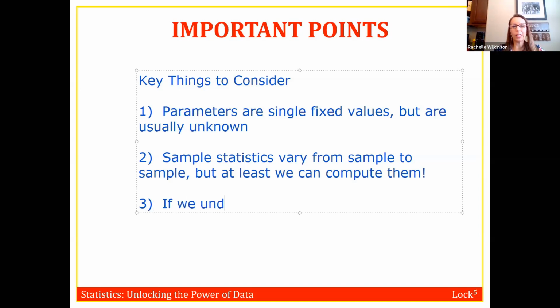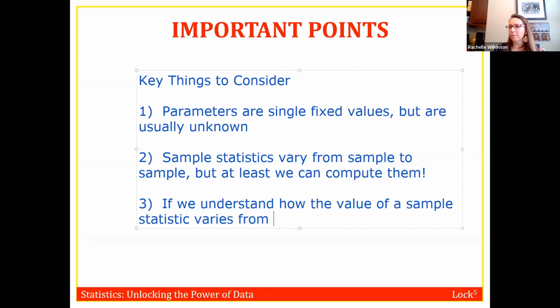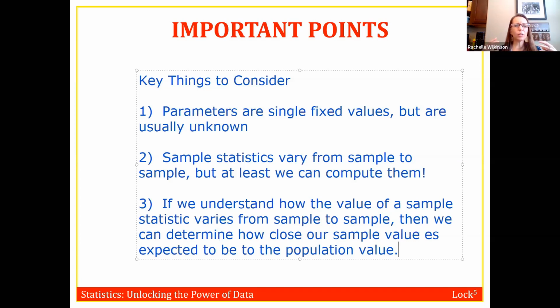So if we understand how the value of a sample statistic varies from sample to sample, then we can determine how close our sample value is expected to be to the population value. Next we're going to talk about how we can understand how sample statistics vary from sample to sample. This is the theory or the foundation for all the different statistical inference methods that we're going to talk about.